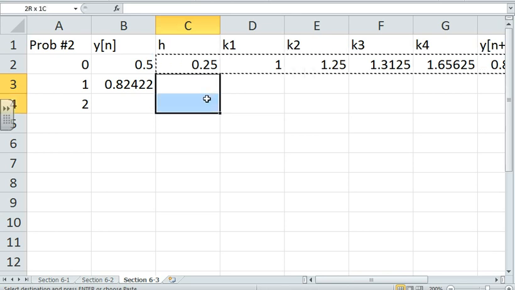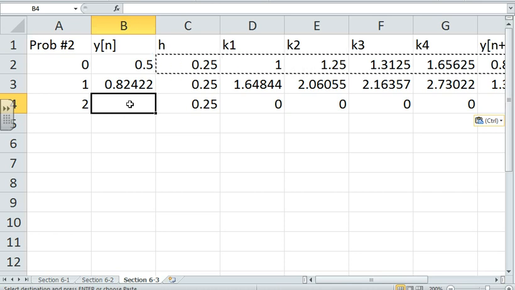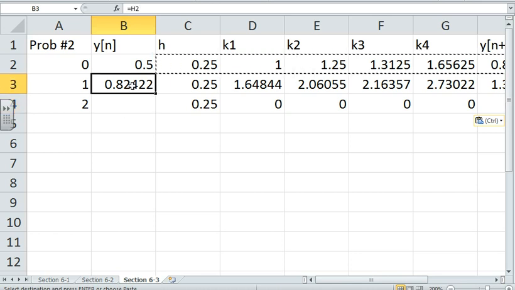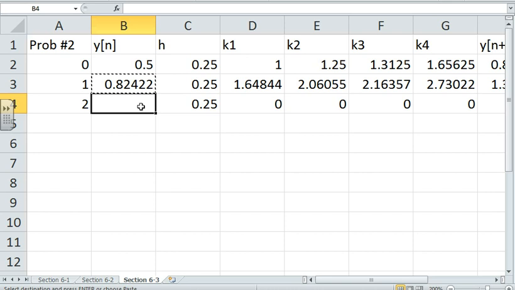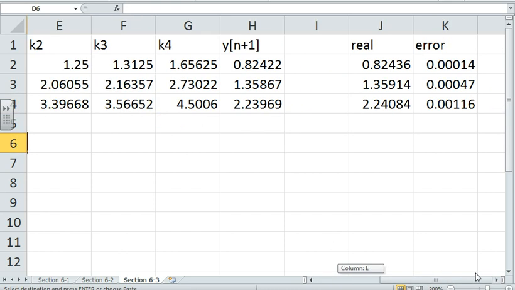Copy, paste. Problem done. So problem 2 is over. Our error is extremely small, and we got there in 2 steps. What more can we want? Not much more than that, right?